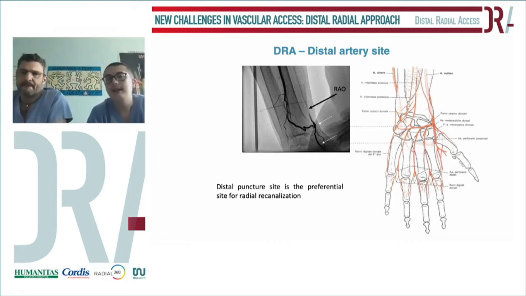But anyway, the first and most important thing is to find the pulse. If you find the pulse, the puncture will be easy and without any big anatomical problem. So you have to believe us that after you have done it some times, it's usually not so difficult to find your route.